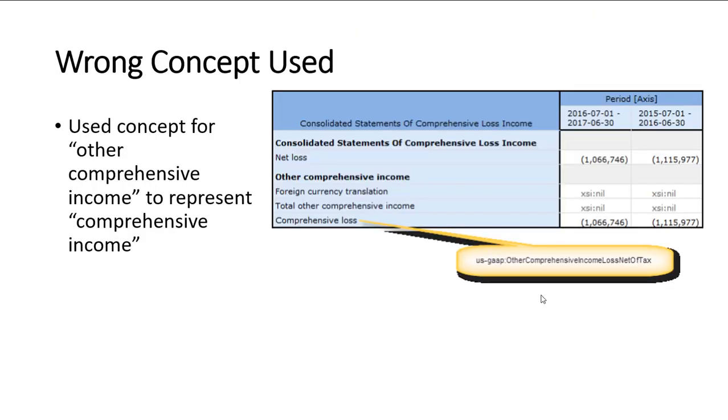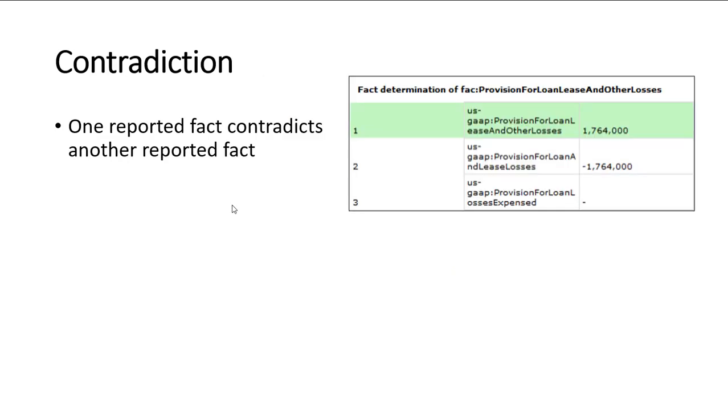These guys simply used the wrong concept. They used other comprehensive income instead of the comprehensive income concept. These two facts are related to each other. One is positive, one is negative. That's impossible. So the continuity cross-checks found that error.